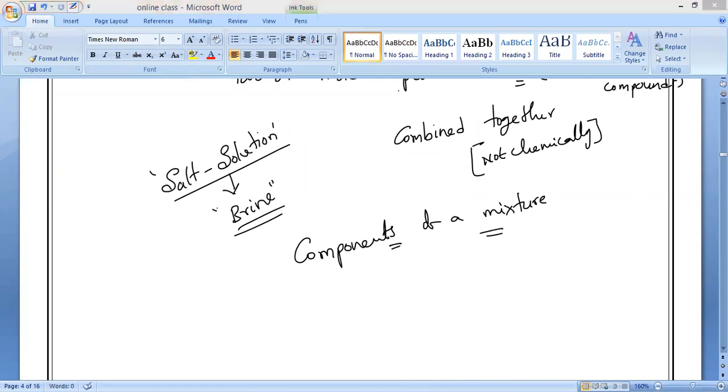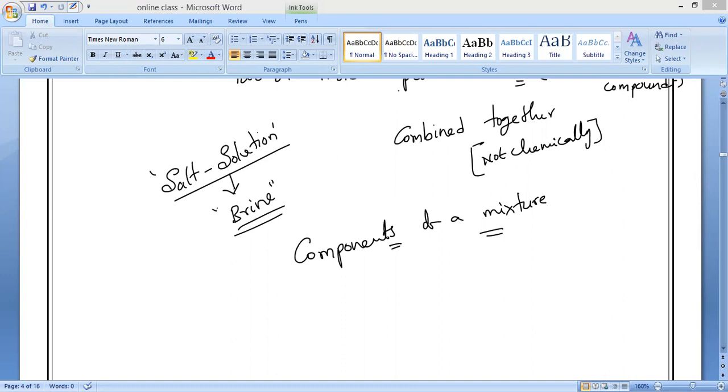Very good. If we take air, what are the components of air? Air contains nitrogen, oxygen, carbon dioxide, dust particles, moisture. Everything is called constituents or components of the mixture.